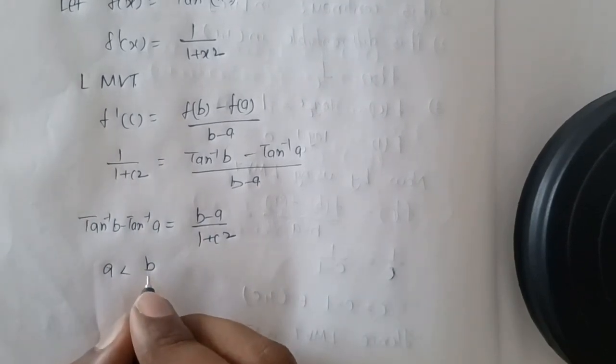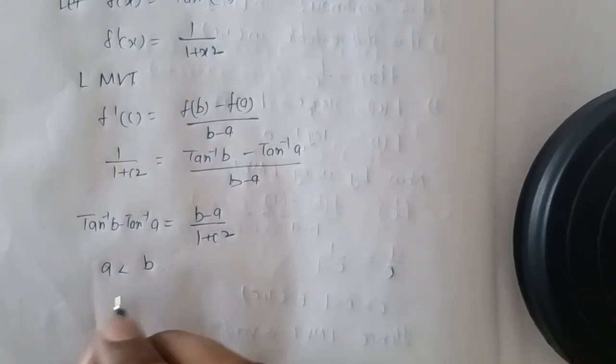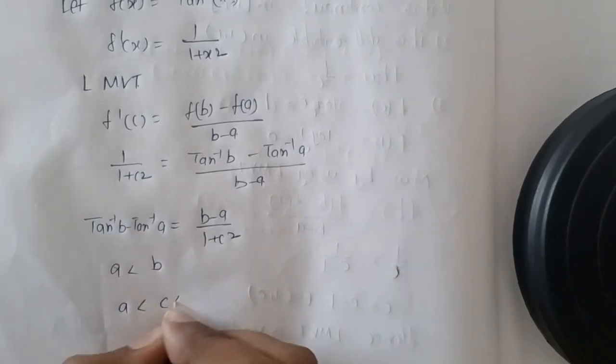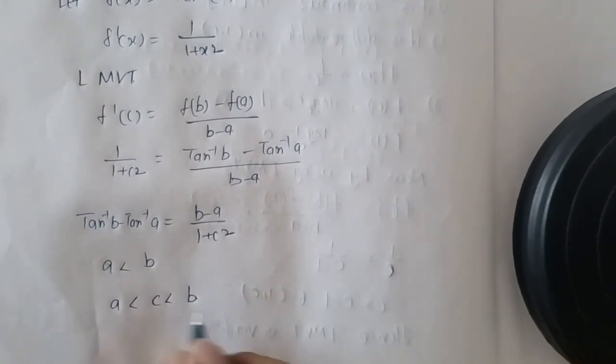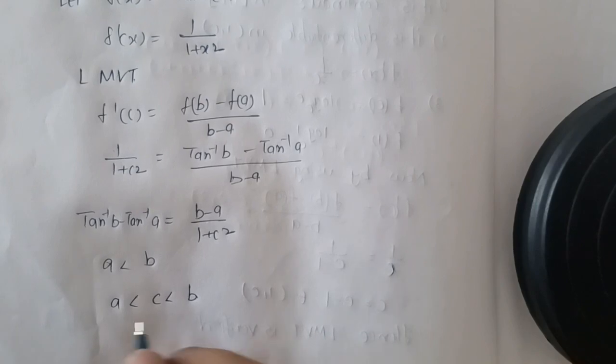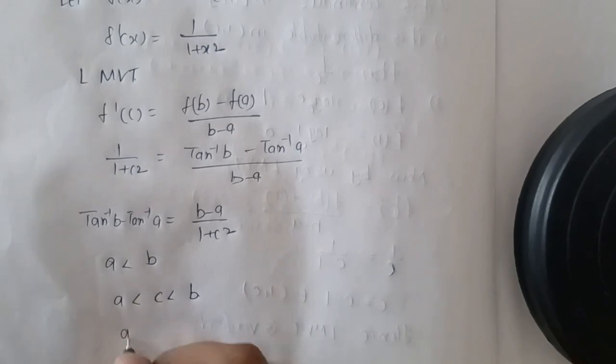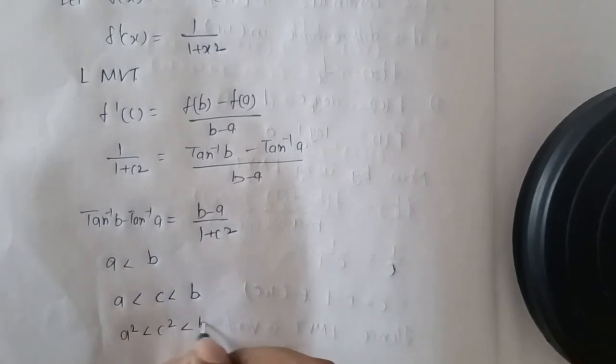By using LMVT, the c value must lie between them, so a is less than c is less than b. In the next step we have to square it: a square less than c square less than b square.